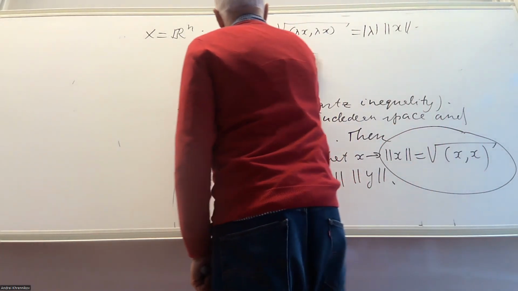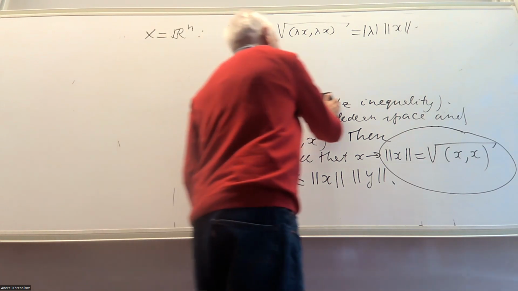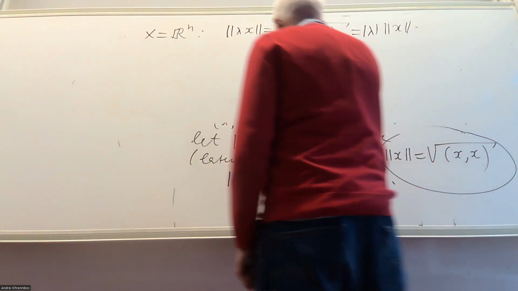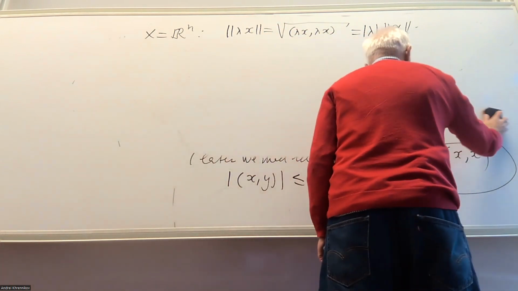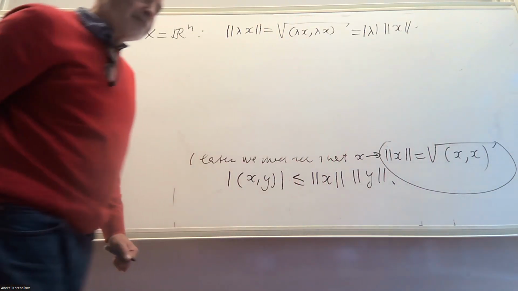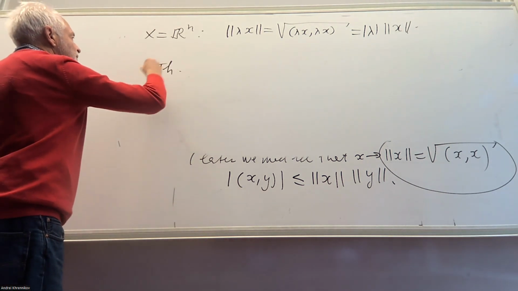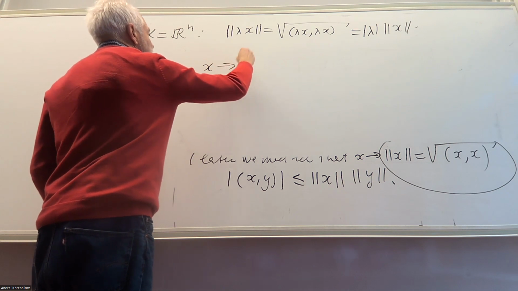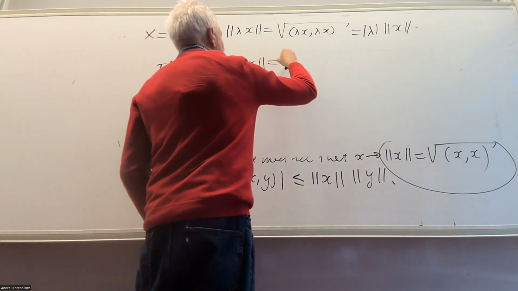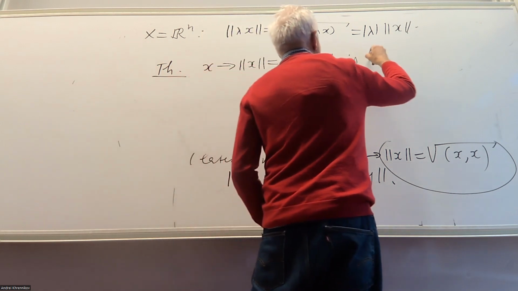So we want to prove that any Euclidean space is also a normed space where the norm is defined by scalar products. Theorem: the map x is a norm.